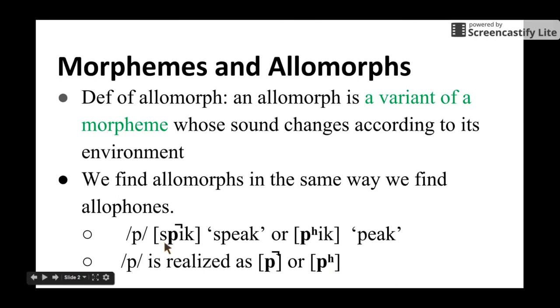For example, in "speak," this P is realized as an unaspirated version. However, in "peak," this P is realized as a P with an aspiration. So P can be realized as these two phones. These two phones are called allophones. A morpheme has a similar alternation.